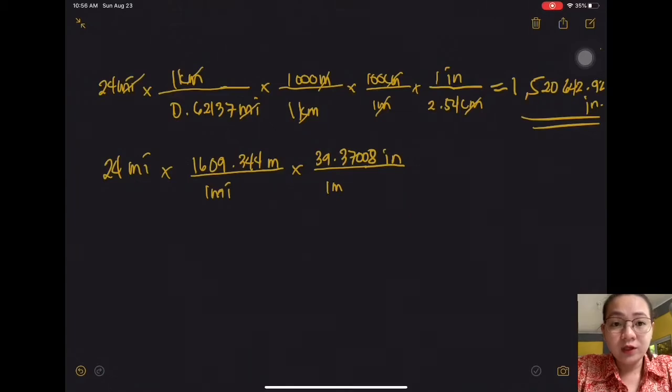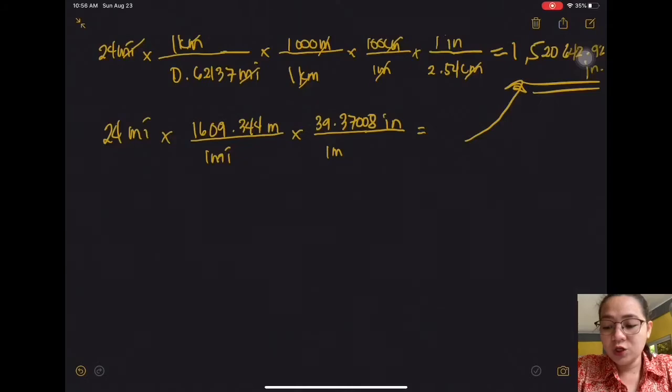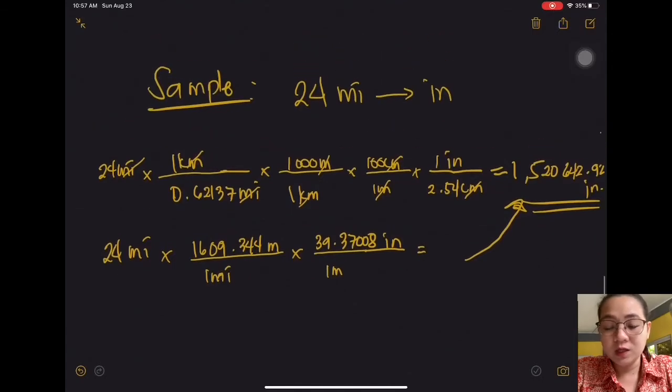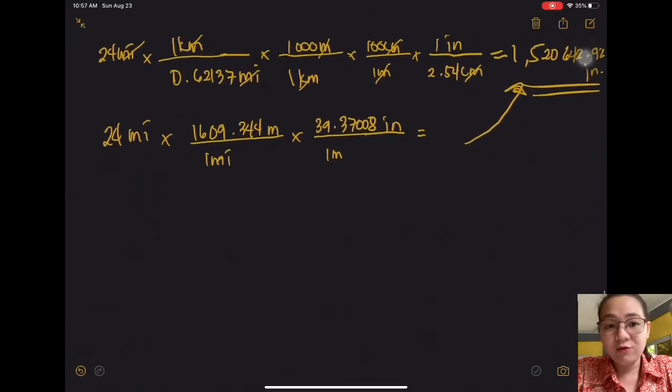In 1 meter, there are 39.37008 inches. And the answer is almost the same. Using the scientific notation, the final answer should be at 2 decimal places. Always 2 decimal places, okay? The final answer is 1.52 times 10 raised to positive 6.